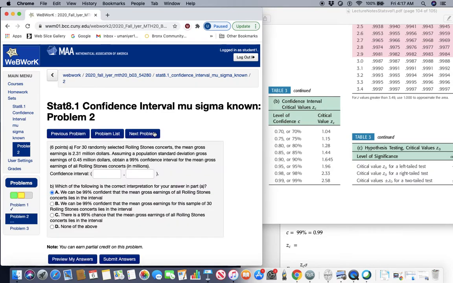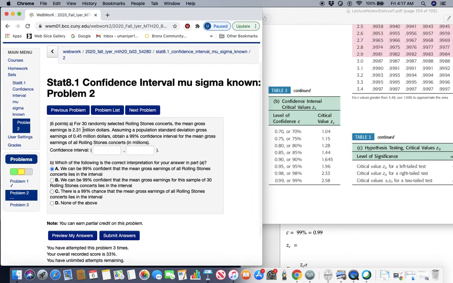Next problem. Here we are told for 30 randomly selected Rolling Stones concerts, the mean gross earnings is $2.31 million. Assuming a population standard deviation of gross earnings of $0.45 million, obtain a 99% confidence interval for the mean gross earnings of all Rolling Stones concerts in millions.